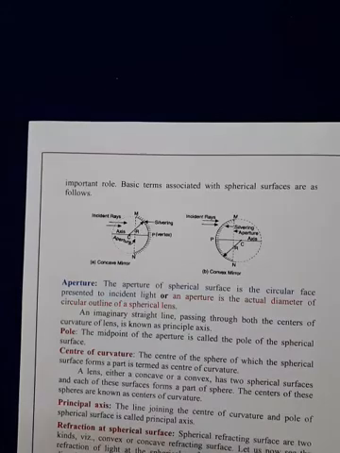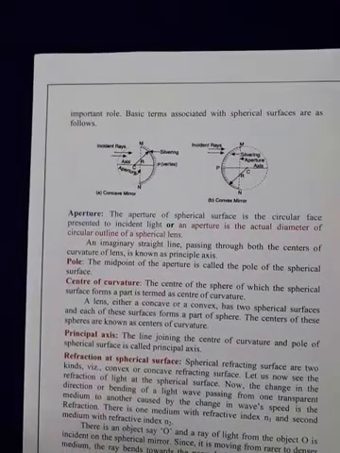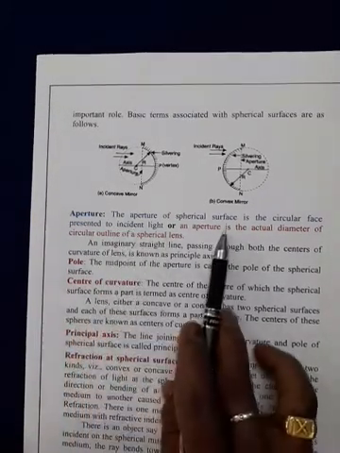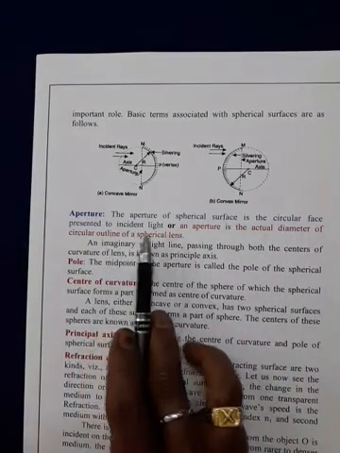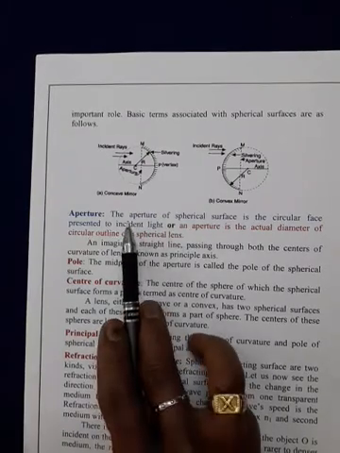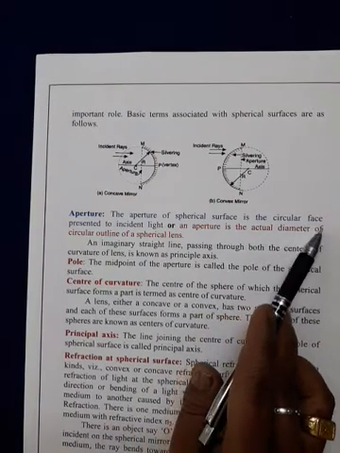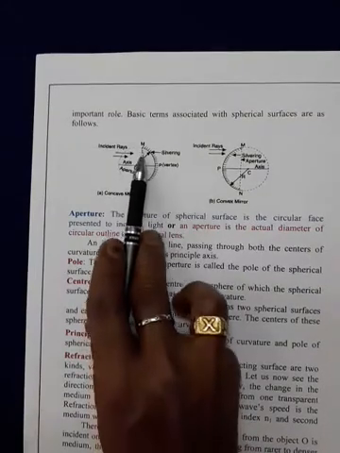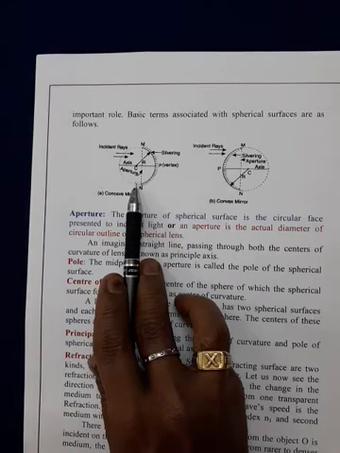Now here, we have to refer to some points, that is aperture. The aperture of a spherical surface is the circular face presented to incident light. You remember this? That is the surface which is available here, presented to incident light.